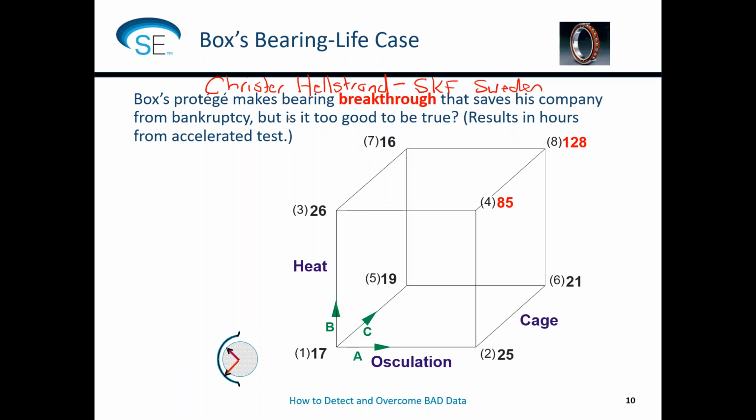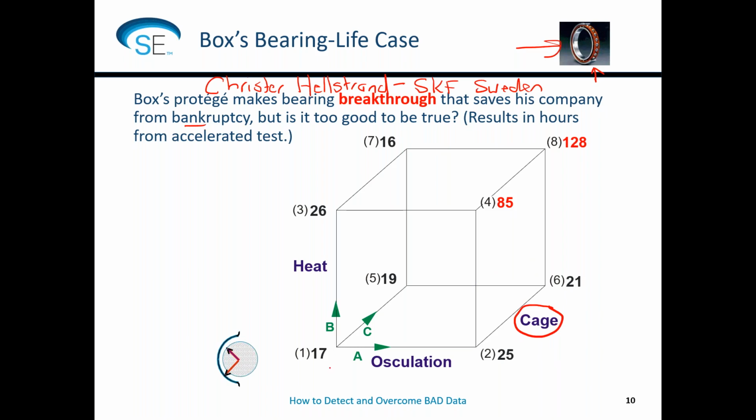Their company was close to bankruptcy in the 1970s because the Japanese had come up with a new bearing that was much better and cheaper than the all metal bearing that they had invented at SKF back in the early 1900s. One of the things they saw was that the Japanese were making use of plastics, and so they decided they would try a different design for the cage of the bearings that would be plastic.